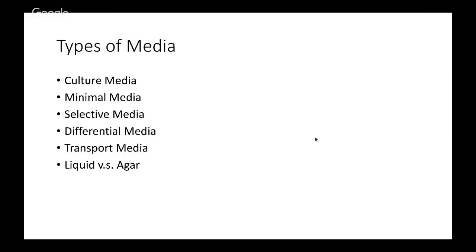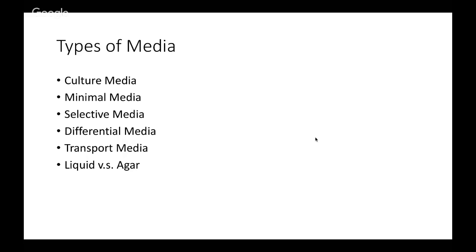Selective media is media that you want to be selecting with. For example, we talked a lot about antibiotics, and adding antibiotics to the media makes it selective, meaning I want the P. dusk to grow with the kanamycin resistance. So I'll probably put kanamycin in one plate and leave out the kanamycin in the other plate, which makes it selective.